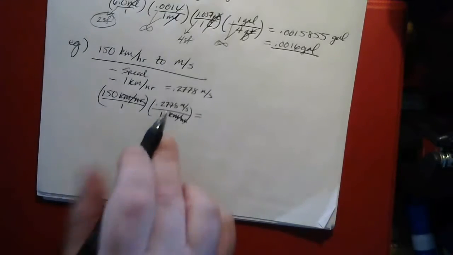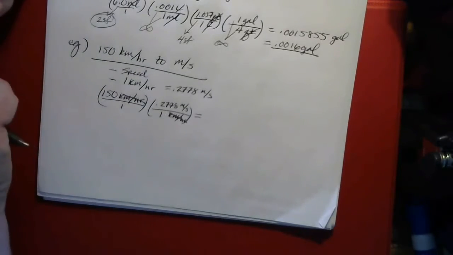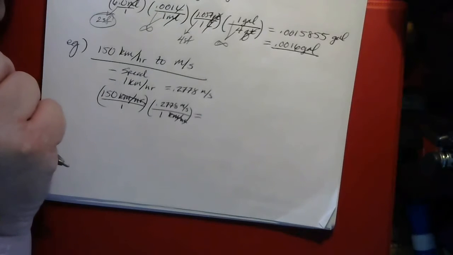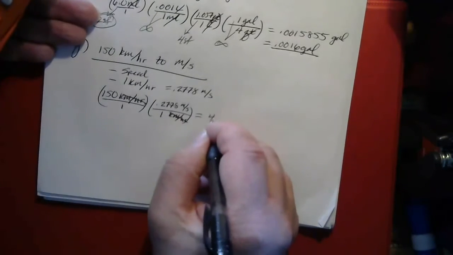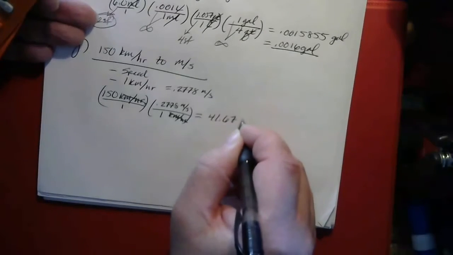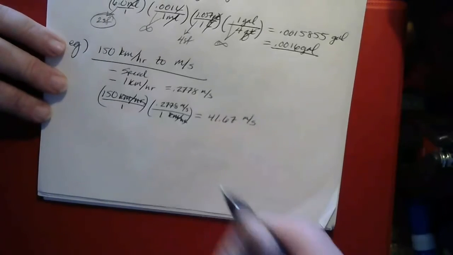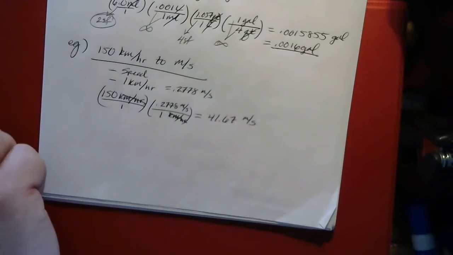So now kilometers per hour will cancel out, and we get 150 times 0.2778. And we get 41.67 meters per second.